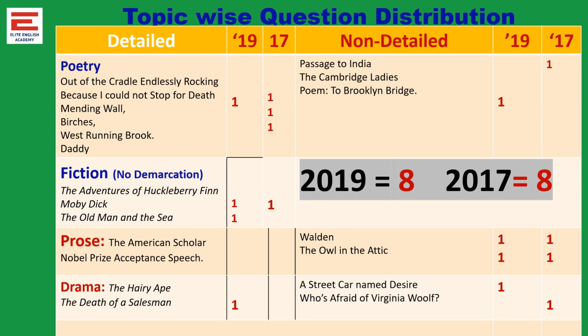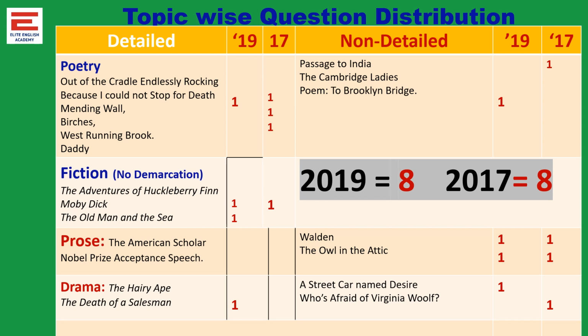Again in fiction, though there are 3 works, only 1 question was asked. In prose, again in the detailed section there is no representation, whereas in non-detail we have 2. In drama in 2017, in detail there is no representation, and only 1 question overall.